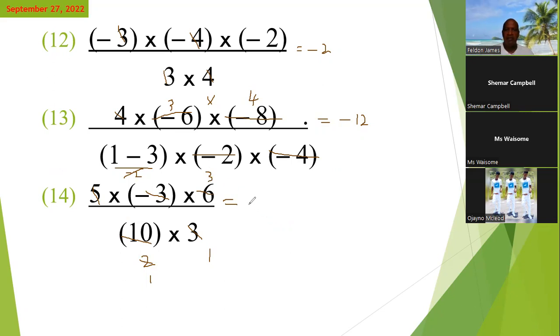Positive or negative 3? Positive, sir. Oh, sorry, negative. Negative, sir. Because I want an odd number, yes. Negative 3. And that's the answer, guys.